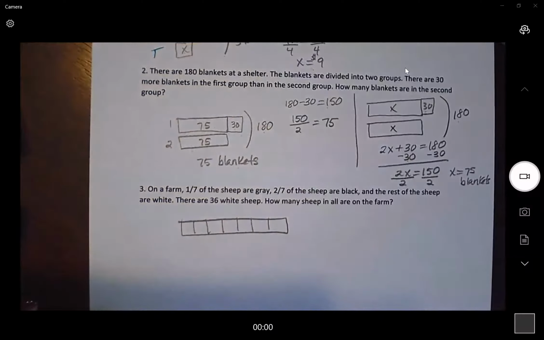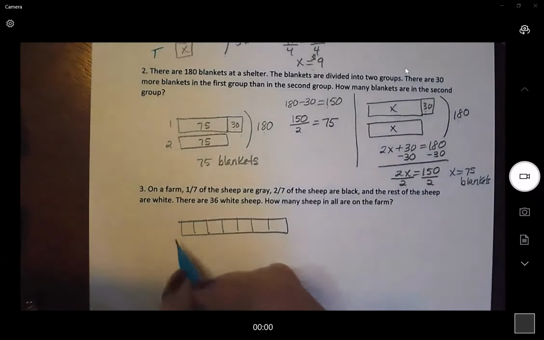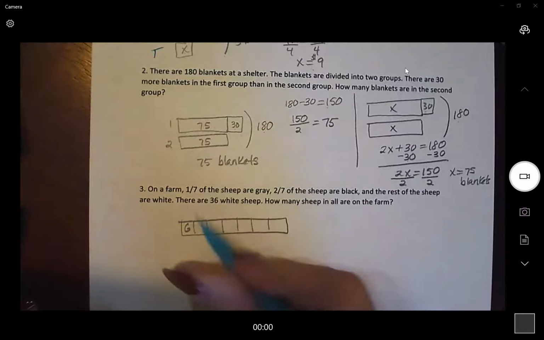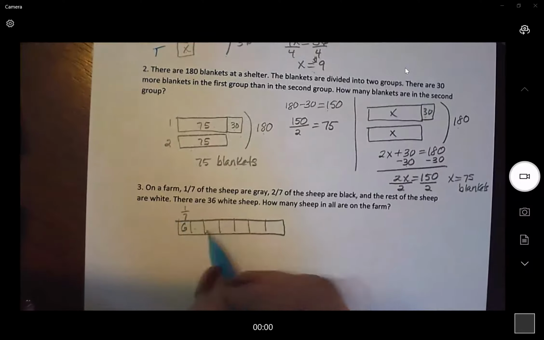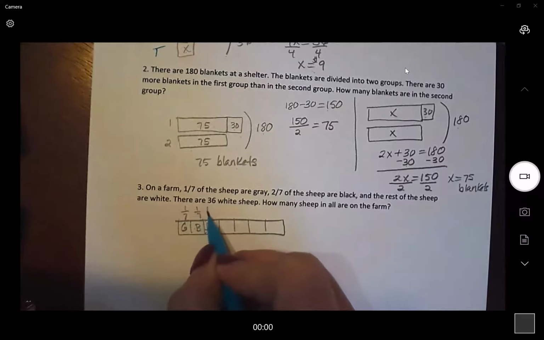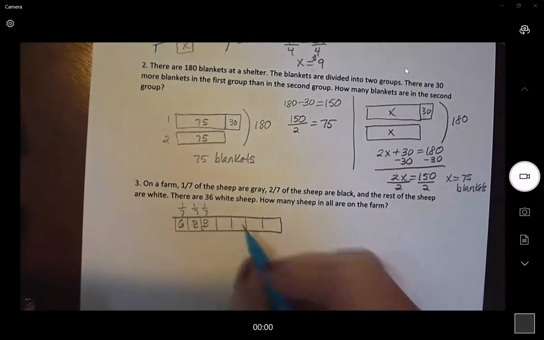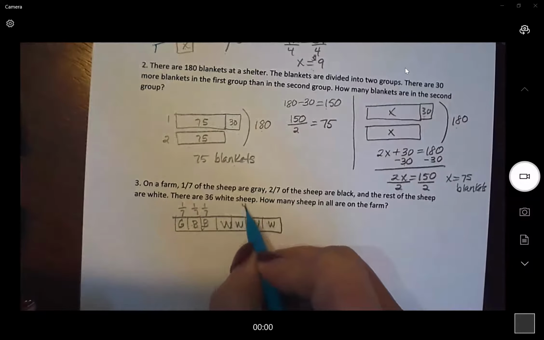Okay, so we have 7 parts, and we know 1/7 is gray. So we know this 1/7 is gray. And then we know 2/7 are black, so we'll just put the color in here. So here's 1/7, here's 1/7. And then we know the rest are white. But we also know that's 1, 2, 3, 4 sevenths as well.